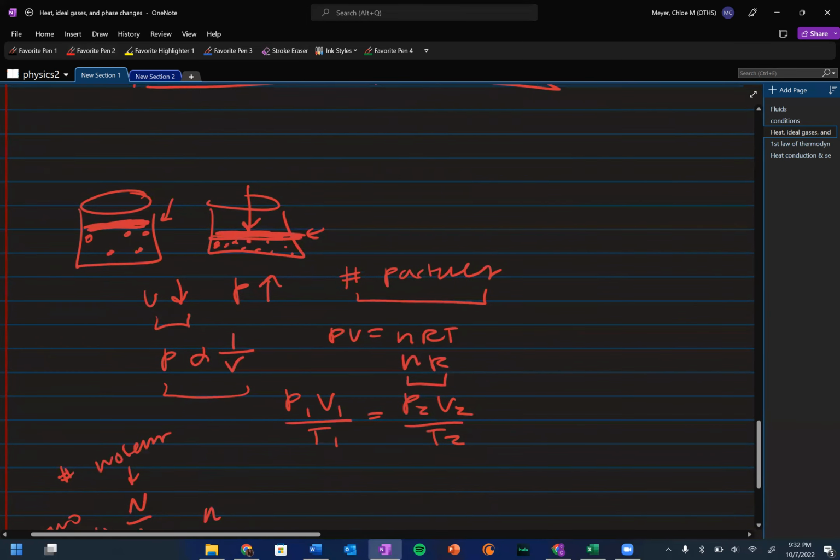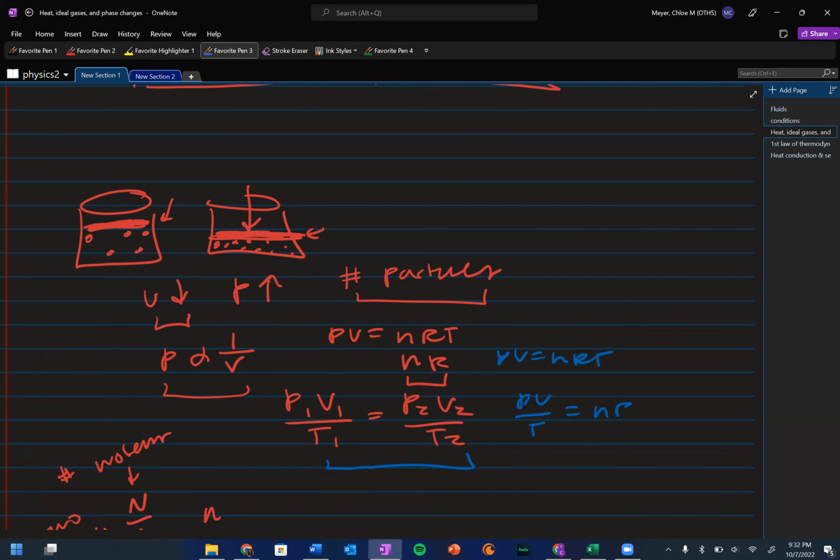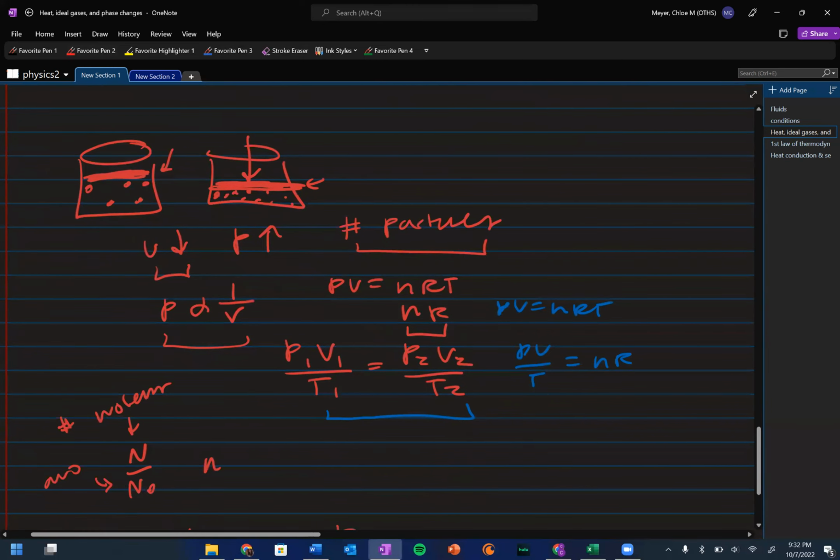And one of the most important things, I can't stress this enough, I use this so many times on tests, is you can create relationships because you have this. So we know that when PV equals nRT, PV over T is going to equal nR. Since nR is the same, you can set them equal to each other.